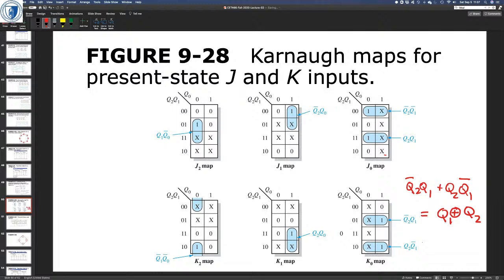Right, and that's why there's an exclusive OR gate, or 2 exclusive OR gates for J0 and K0.